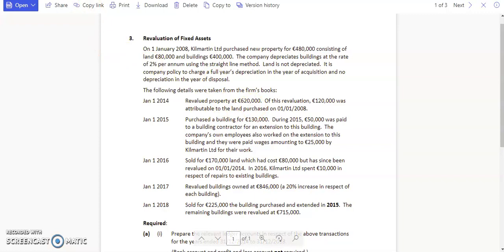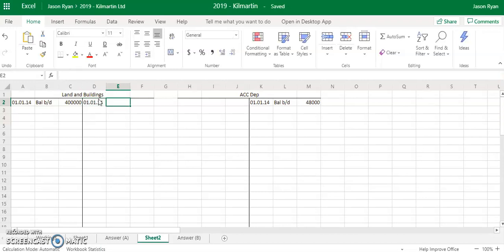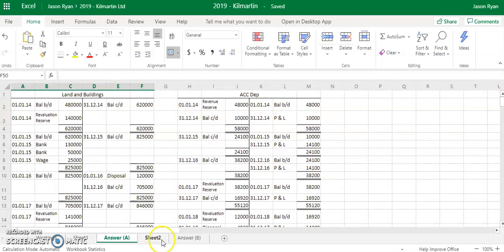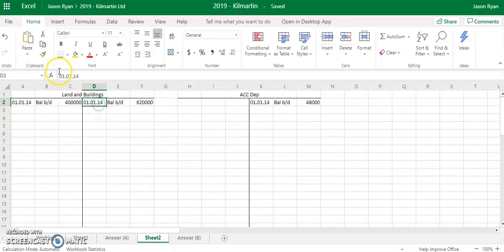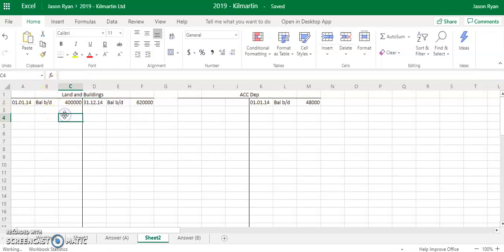So on the first of 2014, we're going to have a balance brought down at 620. Remember, it's always at the end of the month, so it should be the 31st of the 12th. So we're going to balance this off.